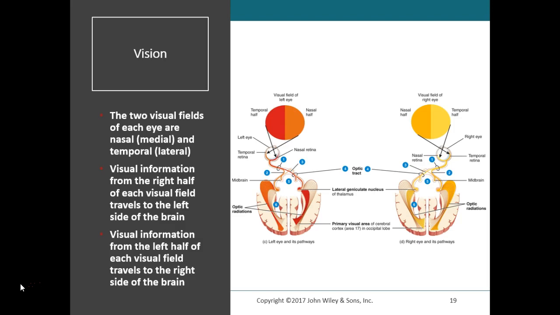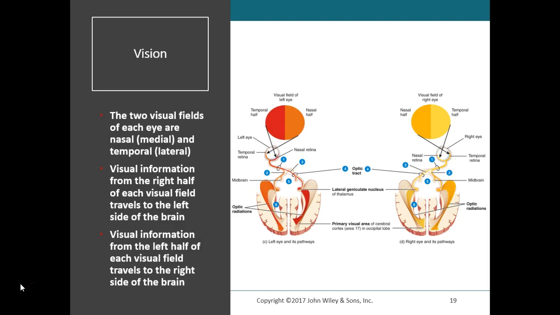So we have that crossing over of information that allows both sides of the brain to process both fields of view. Now, before you get too tied down in all this, just remember, you've got axons coming from the right eyeball and the left eyeball. Some of those stay on the same side of the brain as they travel back, and some of them cross over and go to the other side. That allows both eyeballs to collectively process visual stimulus.